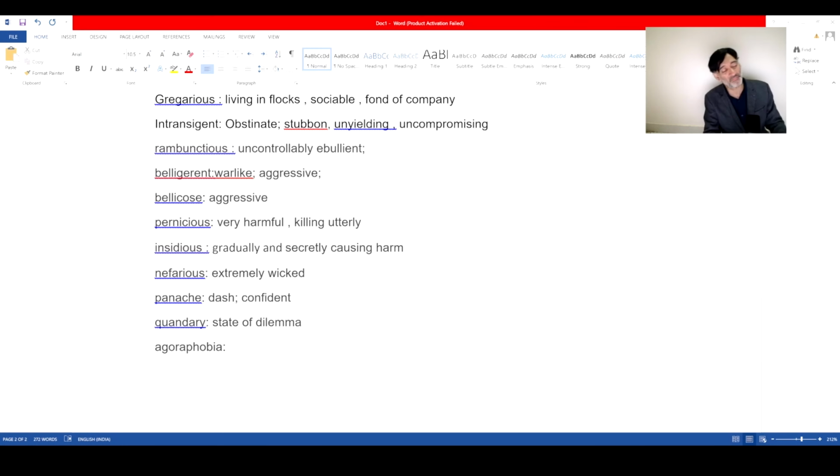So fear of open spaces is agoraphobia. Especially in ancient Greece, a public open space used for assemblies and market. That is agora. But what is agoraphobia? Fear of open spaces.